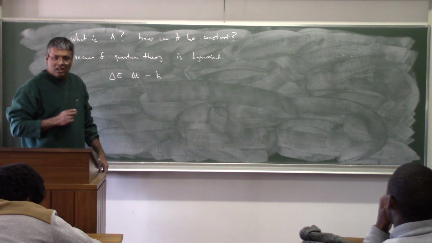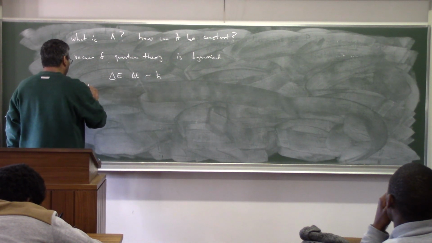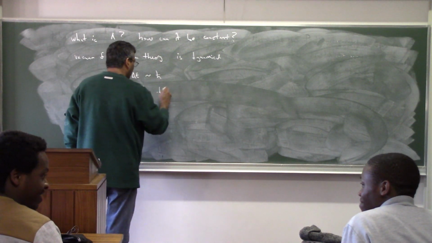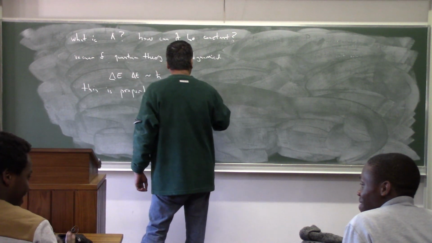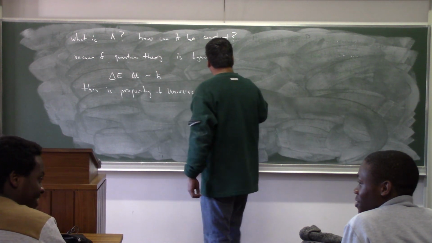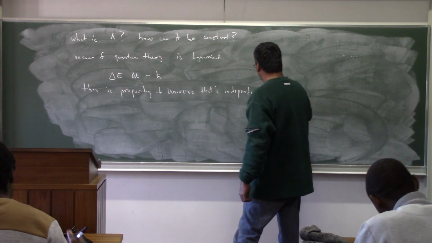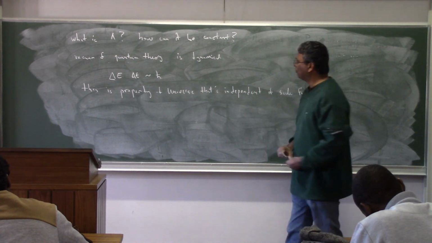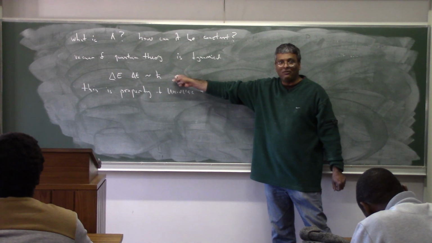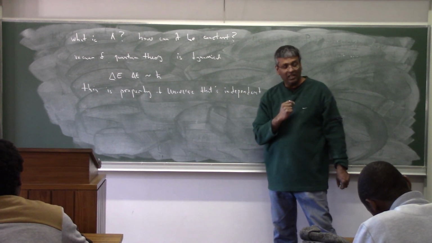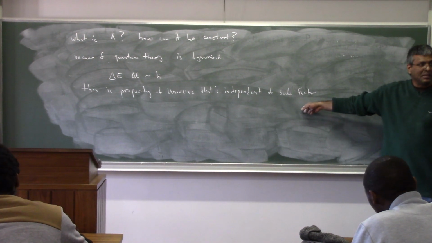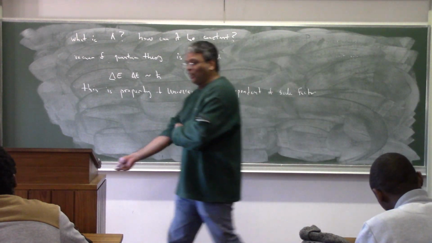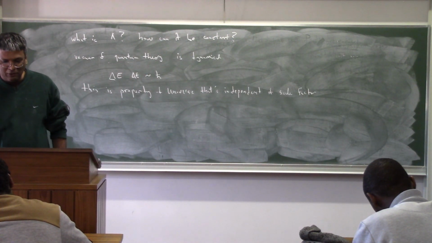So this is a property of the universe that's independent of the scale factor. So the cosmological constant is essentially borrowing energy from the vacuum in tiny intervals delta t. That's something which doesn't care about how big the universe is. It's a property of the universe wherever you are. So that's a way in which you associate an energy density to the vacuum.